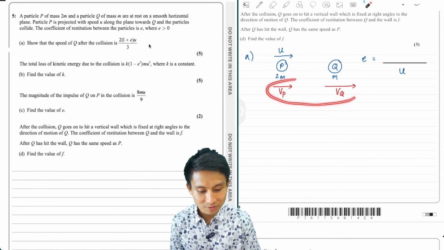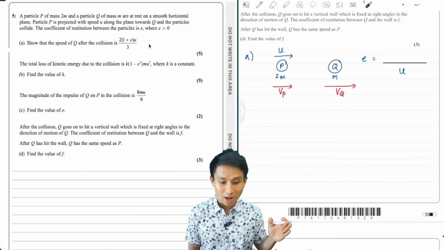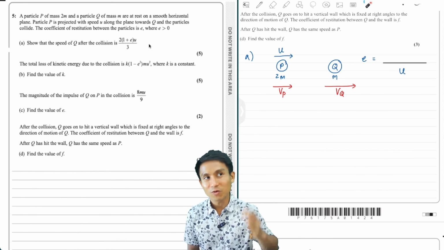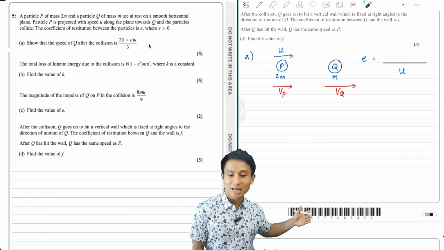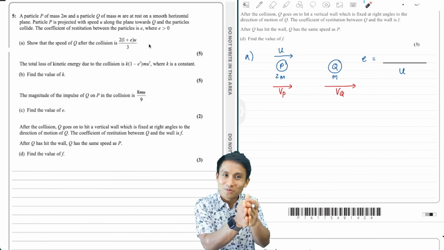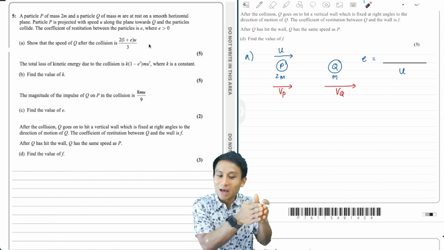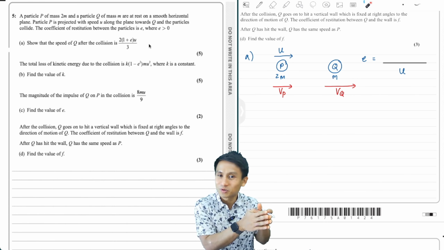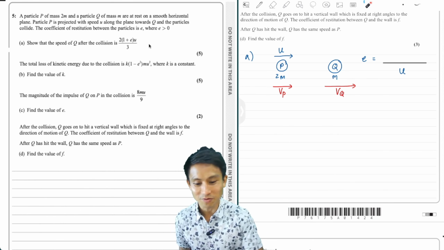And the relative speed of separation, well, because presumably they both go to the right, the only way it makes sense is for Q to be faster than P. Otherwise, P will be at the back of Q all the time, which is not possible. Q has to be faster, right, for them to be separated.